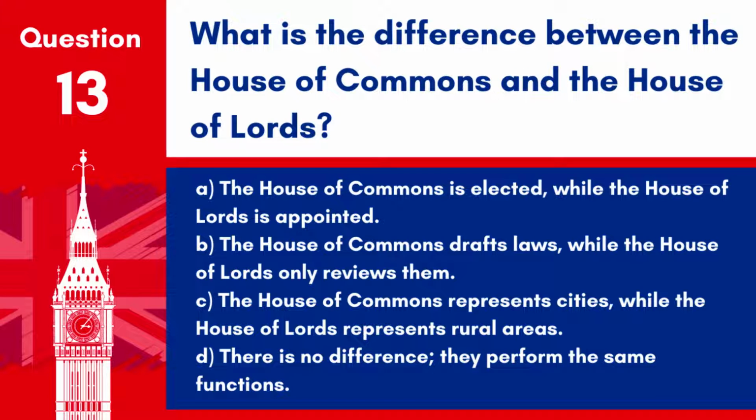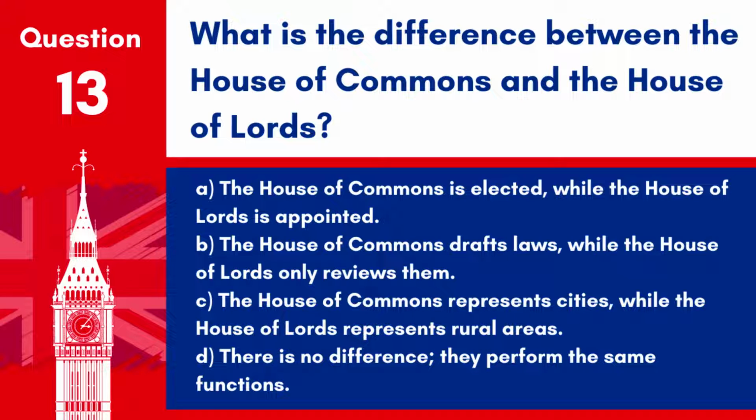Question 13. What is the difference between the House of Commons and the House of Lords? A. The House of Commons is elected, while the House of Lords is appointed. B. The House of Commons drafts laws, while the House of Lords only reviews them. C. The House of Commons represents cities, while the House of Lords represents rural areas.